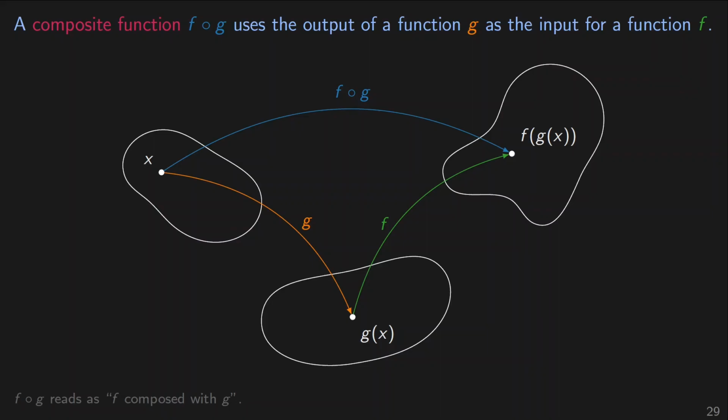Going from the domain of x to the range where we have f of g of x. And so then we have a composed function, f composed with g. And you can also think of this as first we apply g and then we apply f. So we go from right to left. First we apply g to x and then we apply f to g of x.